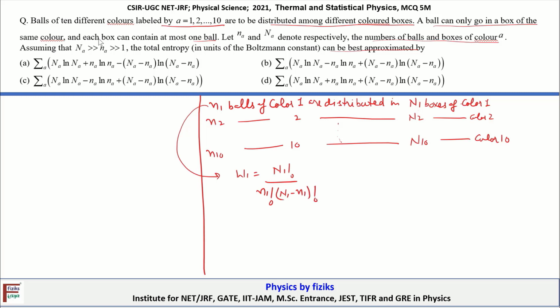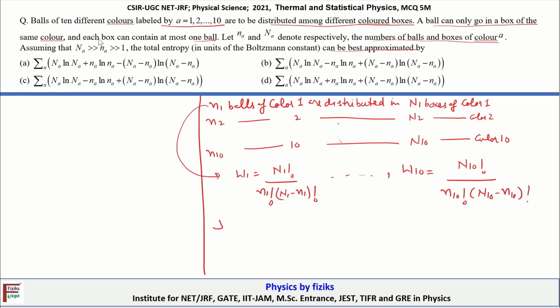In the same way we can write an identical expression for the other boxes also. I'm writing it for the last one, the 10th case, that is equal to N10 factorial divided by n10 factorial into (N10 minus n10) factorial.